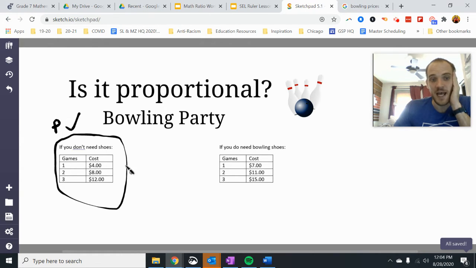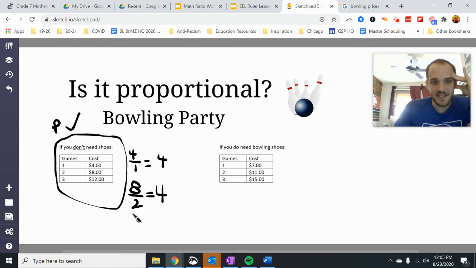Because if I take the cost, 4, and I divide it by the number of games, that is $4 per game. Great. And if I do that for the second row, I take 8 and I divide it by 2. What is 8 divided by 2? If you said 4, you are correct.